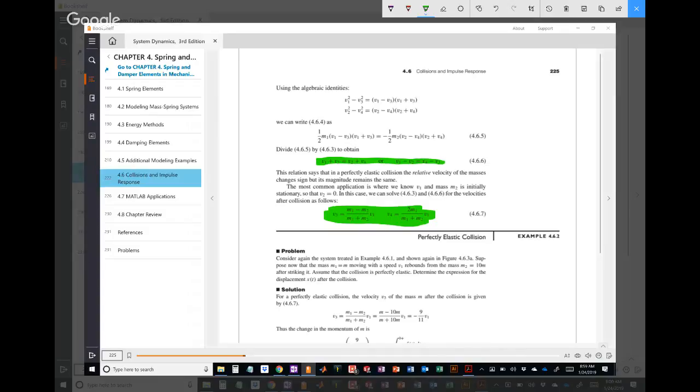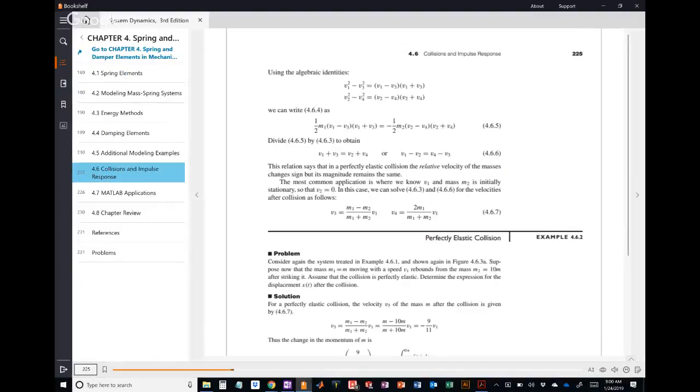Okay, and so if it's purely elastic collisions, or perfectly elastic, I guess that's the word that they use here. Okay, and you've seen those. We've done examples of that.